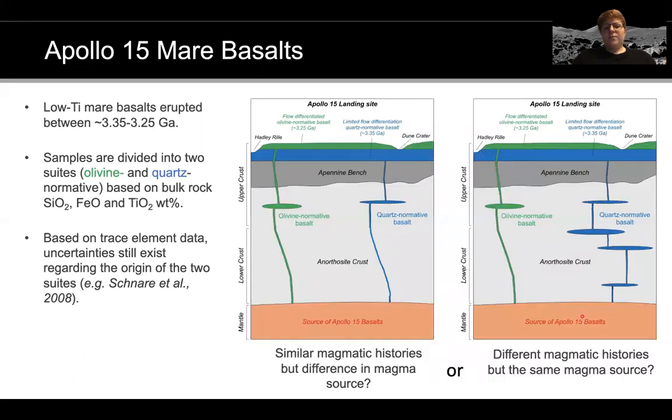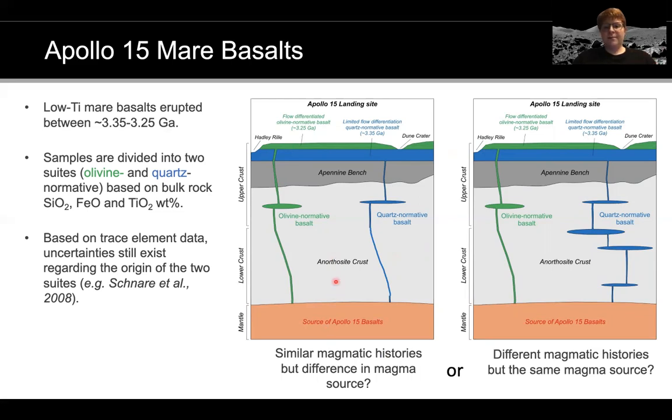So currently, based on some trace data work, there's two different competing theories. The first, shown in the center here, is that we have similar magmatic histories between the two suites, but potentially a difference in source composition that's led to the differences in chemistries.